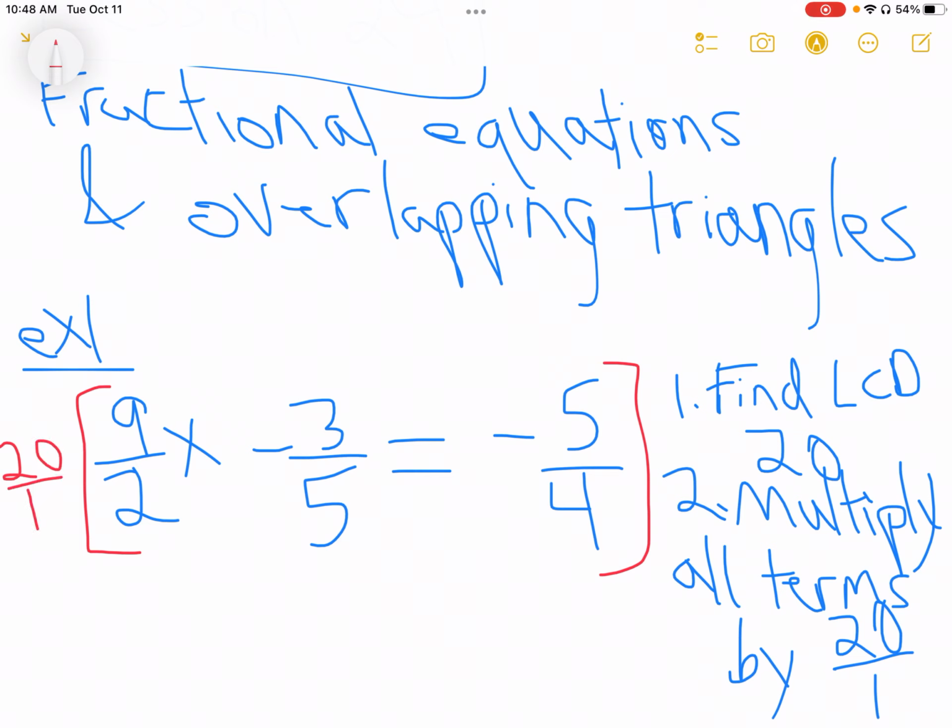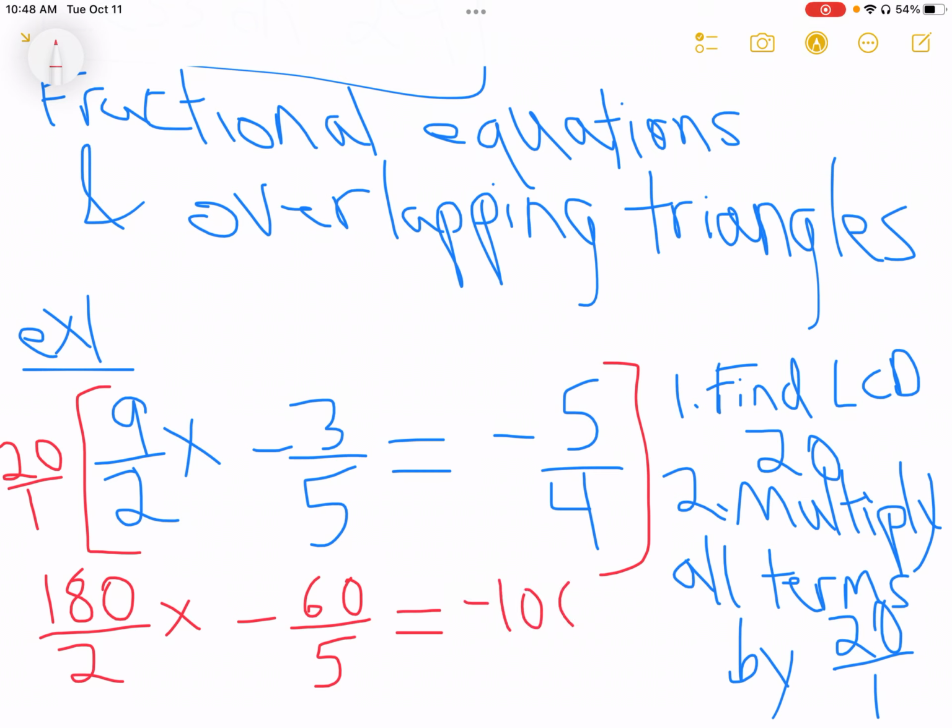If I do that, then for this first one here, I can think about canceling these, or I can just say, okay, let's just simplify it out the next time. So we'll do 180x over 2, and then for this next term, we have minus 60 over 5. And then this last one, we have 20 times 5, so that's going to be minus 100 over 4.